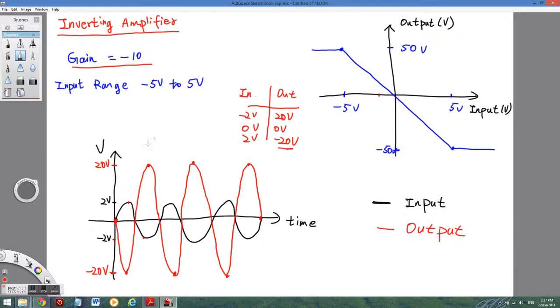So yes, this is an inverting amplifier. The important thing to always remember is, if the gain of an amplifier is a negative number, it is an inverting amplifier. It means it reflects the signal on the x-axis.